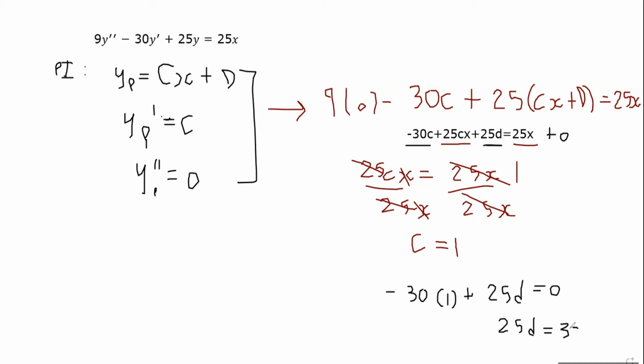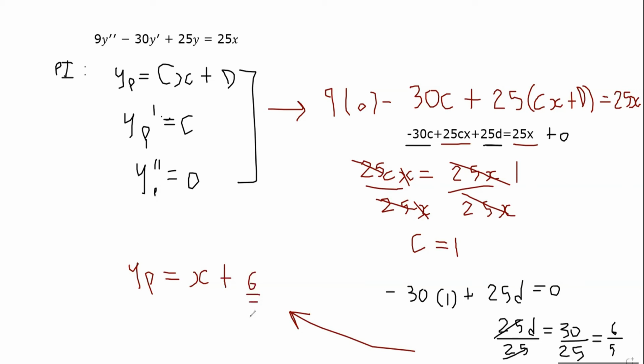Then we divide both sides by 25, so d equals 30 over 25, which simplifies to 6 over 5. So our particular integral yp is cx, where c is 1, which is x, plus 6 over 5.